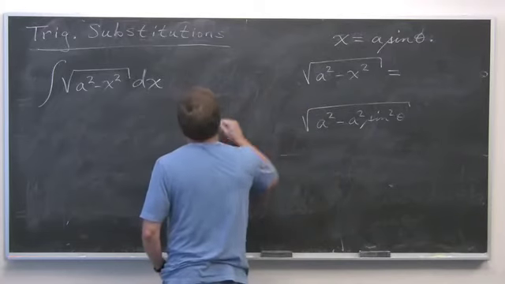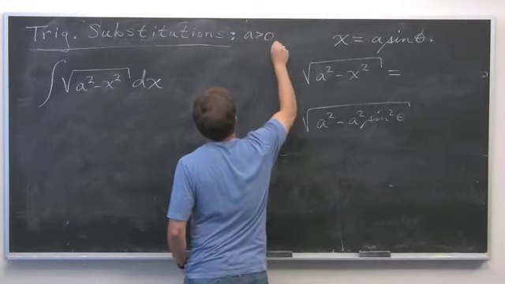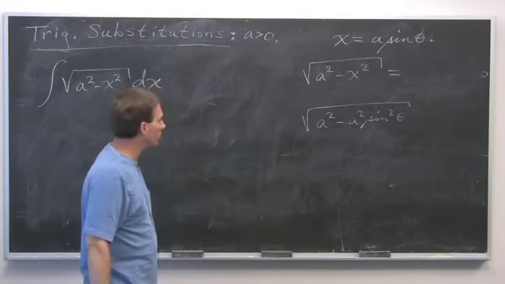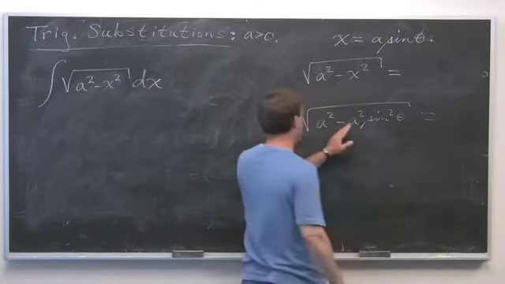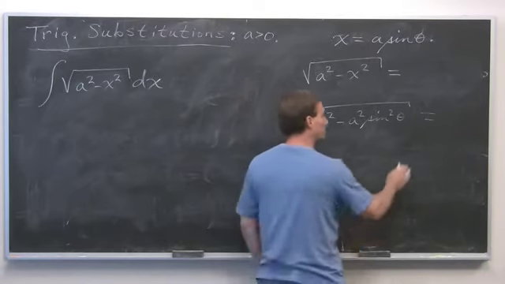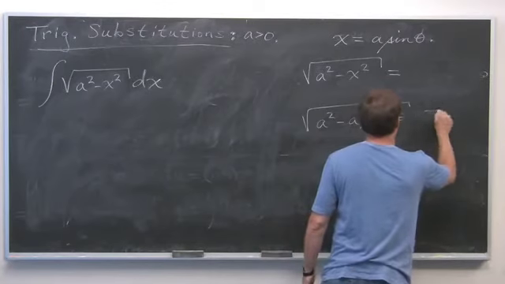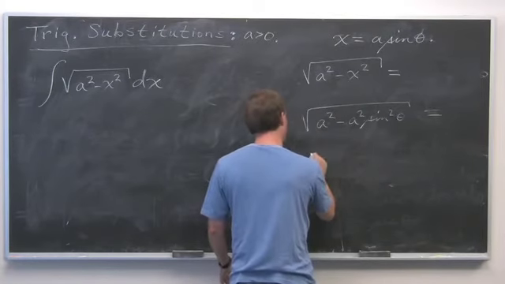And I didn't say it, but I meant it. Anytime I do write a in these examples, I mean that a is greater than 0. Why is that important right now? Well, because I can factor out an a squared from here and here. The square root of a squared is a, if a is positive. Actually greater than or equal to 0, but I'm assuming it's positive.